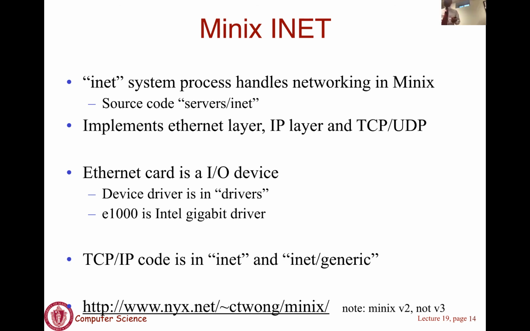There have been some changes between version 2 and version 3 as far as networking code is concerned, but a lot of the details shown in that annotated web page are still true. So they're still going to apply to Minix version 3, which is what we are using in this course.